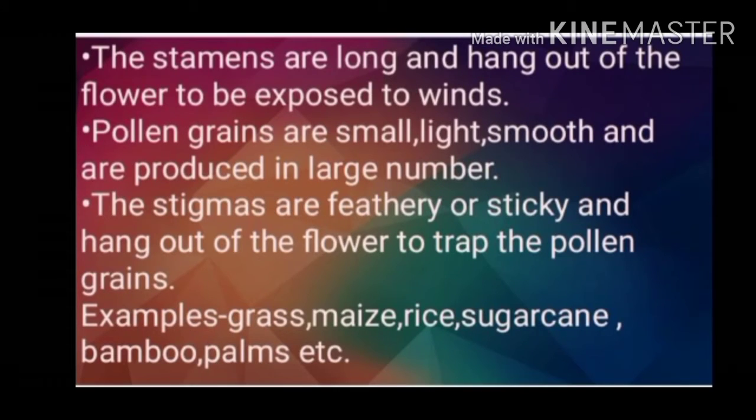The stamens are long and hang out of the flower to be exposed to winds. Pollen grains are small, light, smooth, and are produced in large number. The stigmas are feathery or sticky and hang out of the flower to trap the pollen grains. Examples: grass, maize, rice, sugarcane, bamboo, palms, etc.